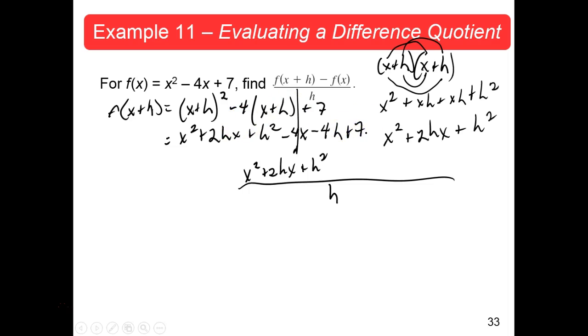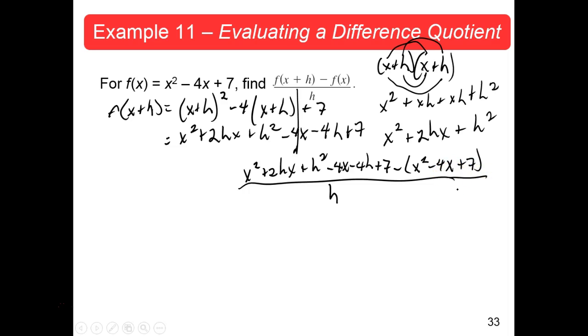So this isn't working right. That's your f of X plus H. Ugh. Need a lot more room now. Minus 4X minus 4H plus 7. Whew. That's your f of X plus H, minus now, okay, I'll write this again, X squared minus 4X plus 7, right?